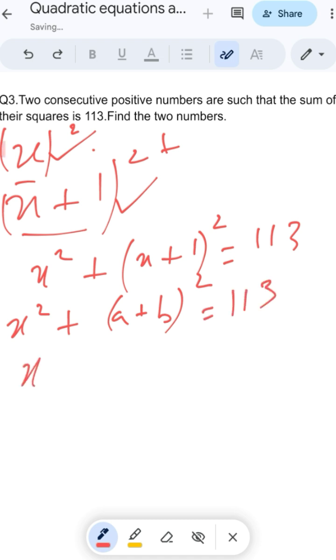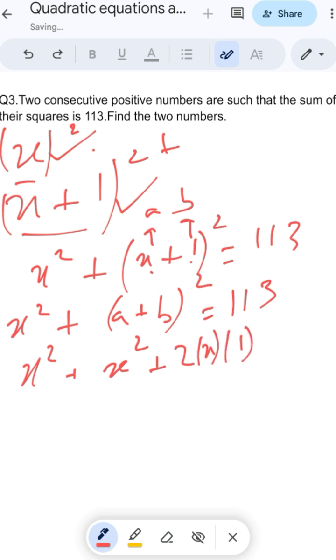Now x square, this x is your a, this one is going to be your b. So what was your identity? a square, which means your x square, plus 2 into x into 1 plus b square, which was your 1 whole square, is equal to 113.